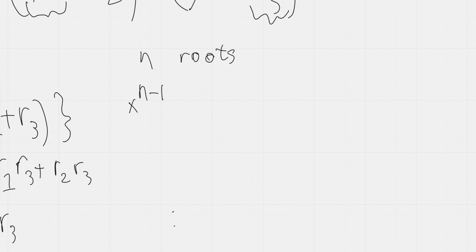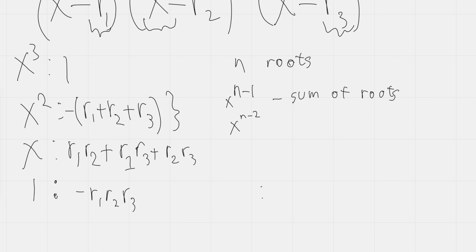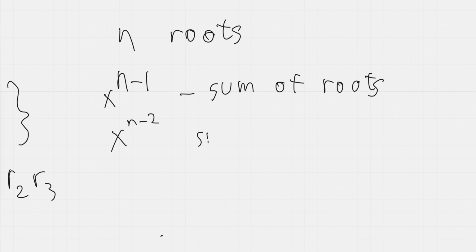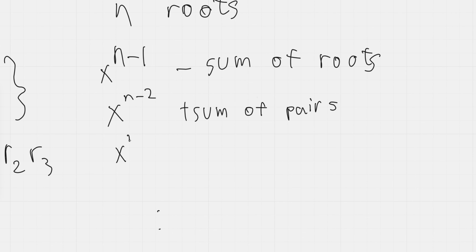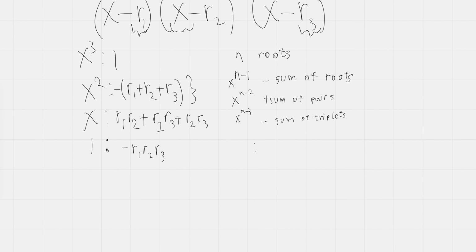So it's just going to be the negative sum of all roots. The x to the n minus 2 term is going to be the positive sum of pairs of roots. The x to the n minus 3 is going to be the negative sum of every triplet you can make. And so on, like this.